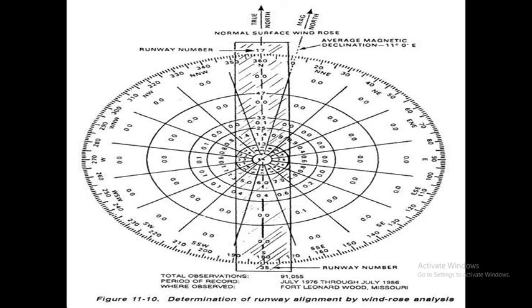The runway should thus be oriented along the direction indicated by the center line. Finally, wind coverage can be calculated by summing up all the percentages. Thank you for your attention.